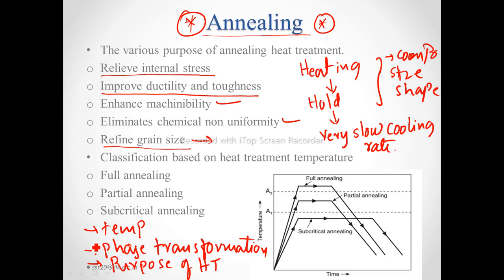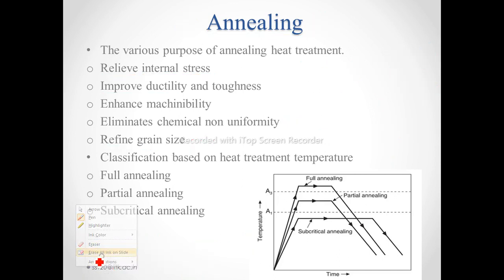This is the classification based on these three criteria. In this video lecture I am explaining the classification based on the heat treatment temperature. That is, three main basic classifications: full annealing, partial annealing, and subcritical annealing.